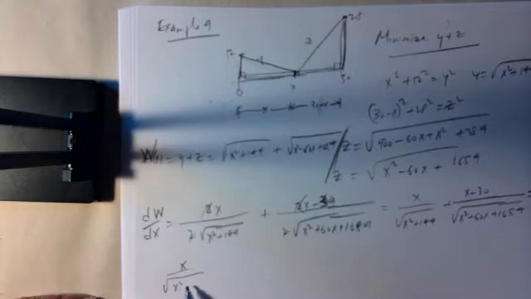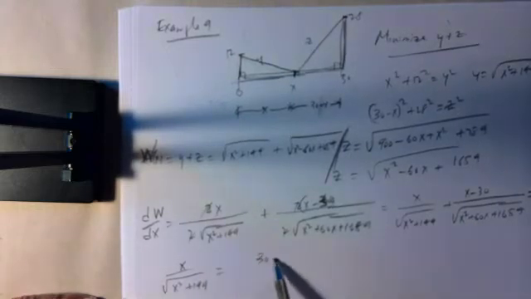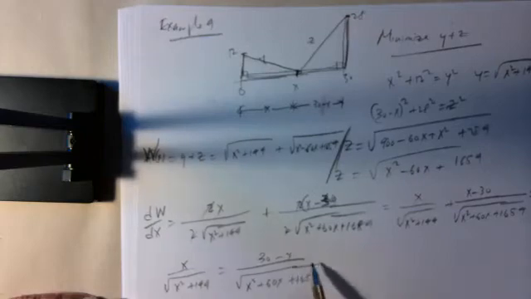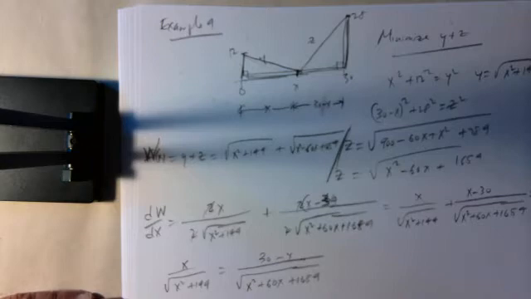x over the square root of x squared plus 144. Bring this to the other side, you get 30 minus x over the square root of x squared plus 60x plus 1684. And you have to solve that equation.